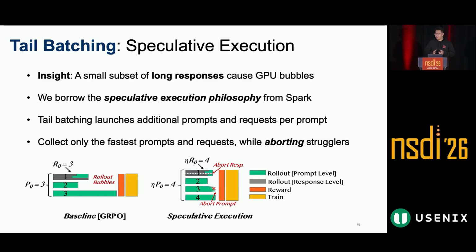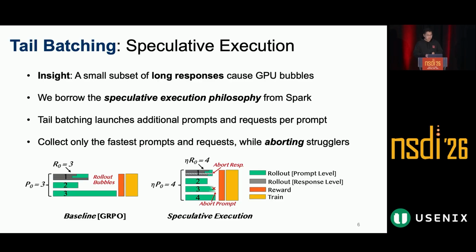So to exclude the impact of such long responses while effectively collecting a valid batch for training, we borrowed the speculative execution philosophy from Spark. Instead of launching the exact required batch size, tail batching launches additional, or redundant, prompts or requests, and we collect the fastest subset.